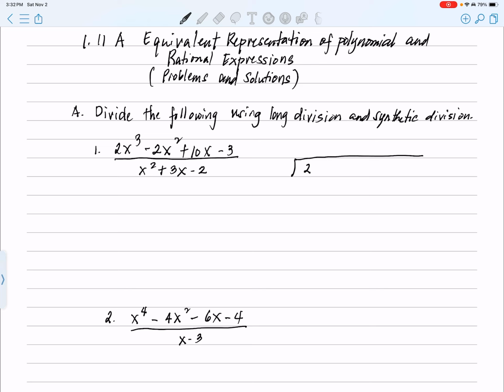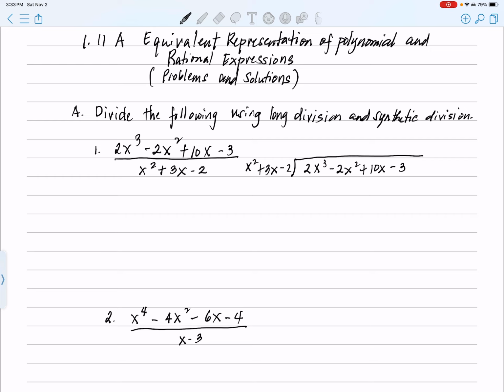So 3, 2, 1, so it is in place order. So 2x cubed minus 2x squared plus 10x minus 3, you divide by x squared plus 3x minus 2.